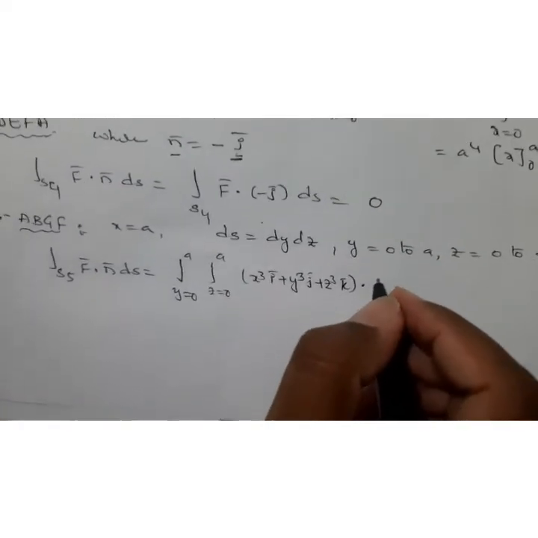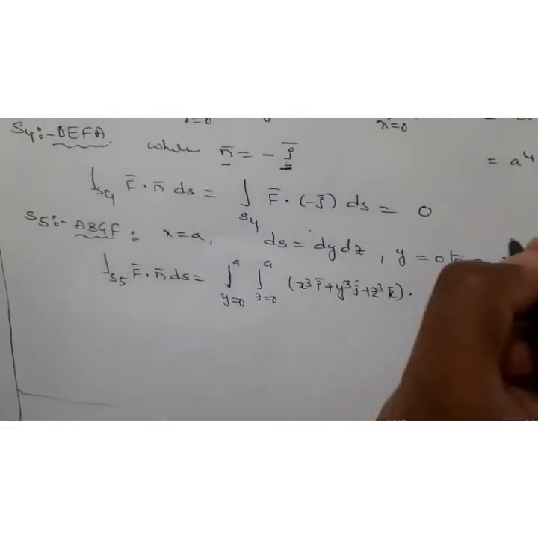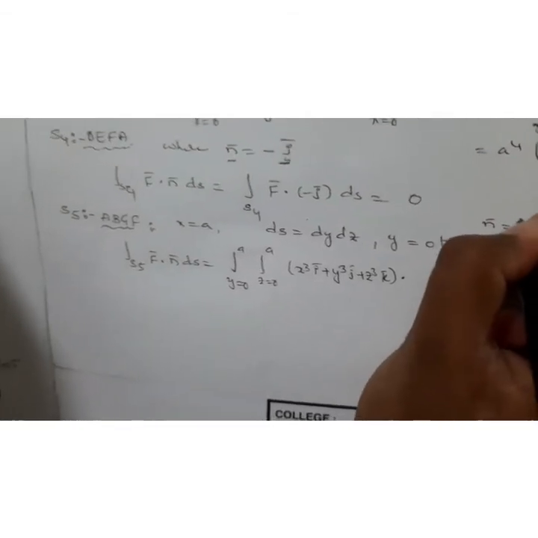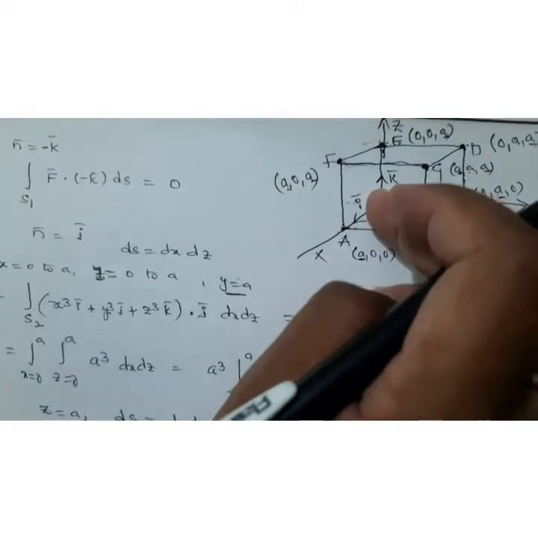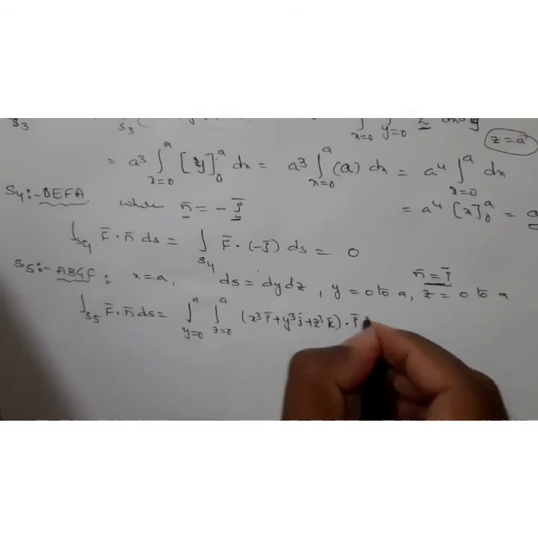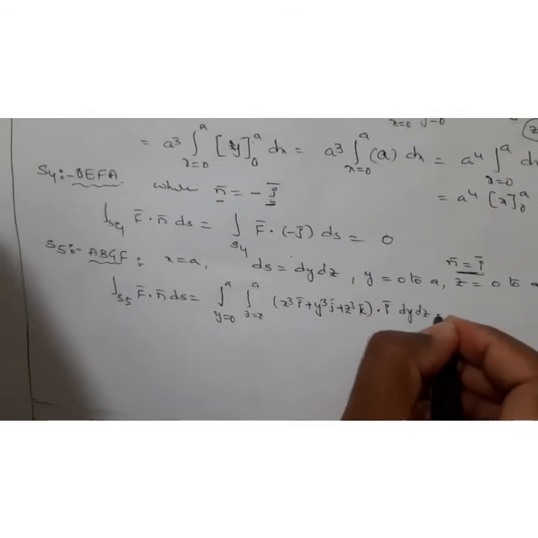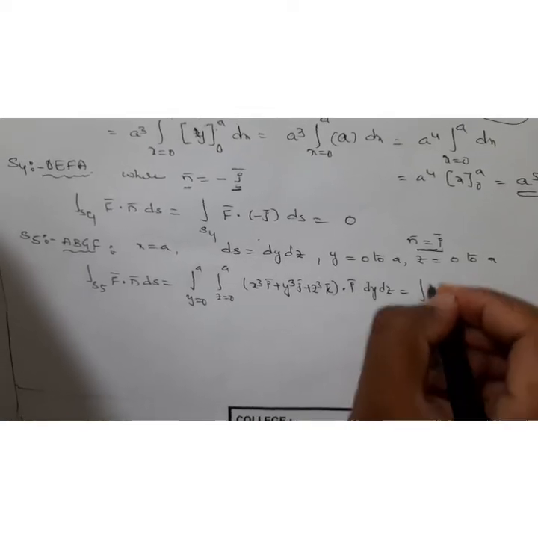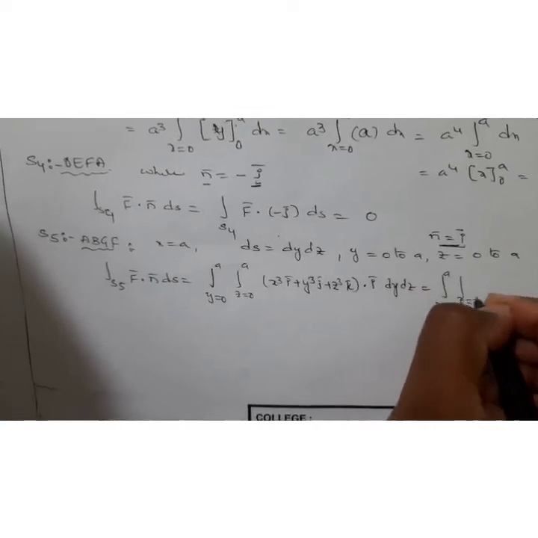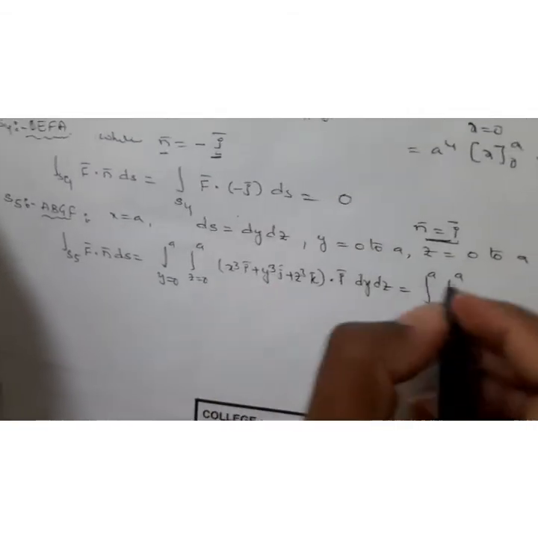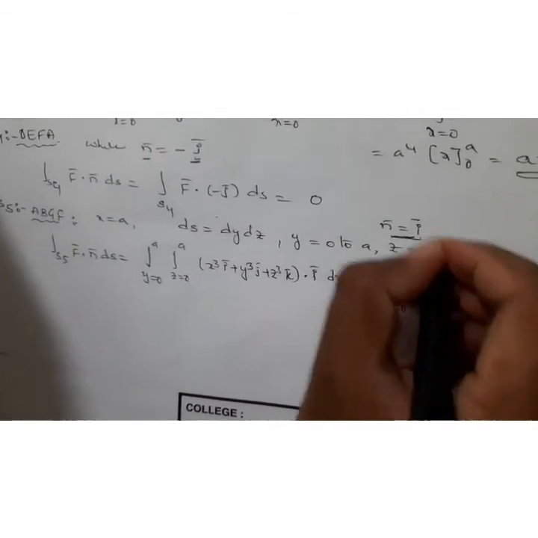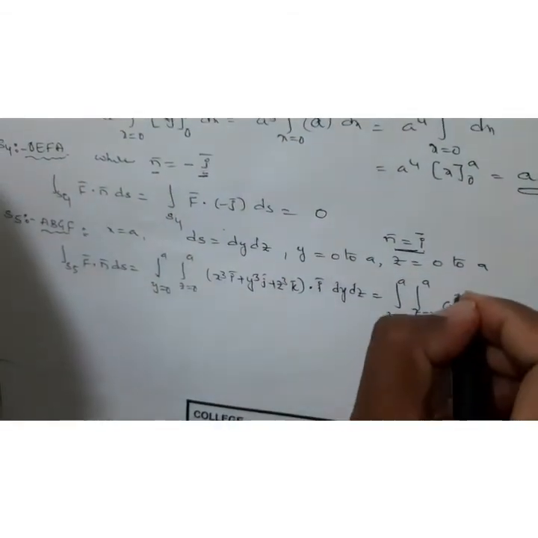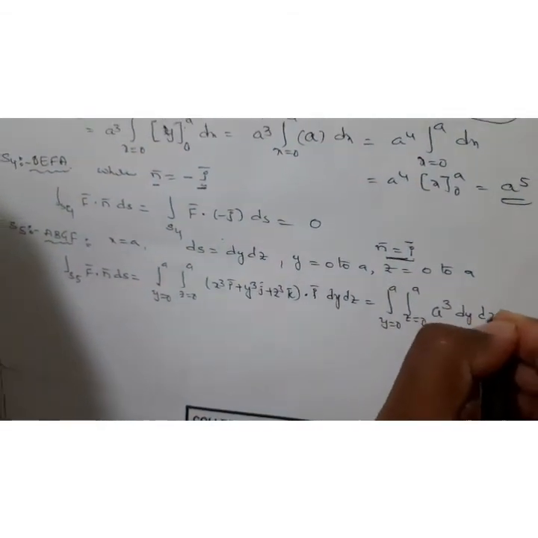For the surface ABGF, the unit outward drawn normal to the surface is n bar is equal to i bar, into dy dz. We will get x cube only, y is equal to 0 to a, z is equal to 0 to a, i dot i is 1 into x cube is x cube. Already we know the x value, x is equal to a, so a cube into dy dz.